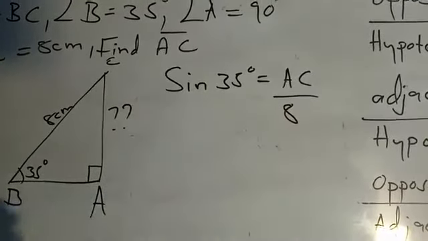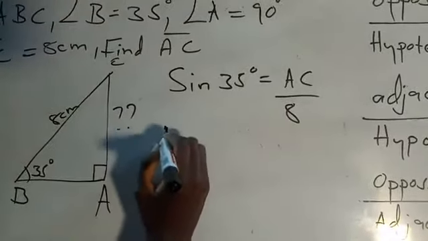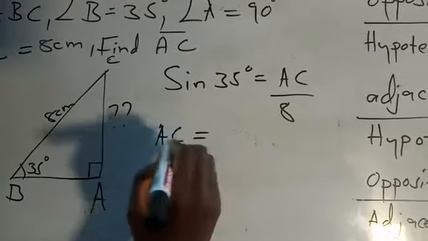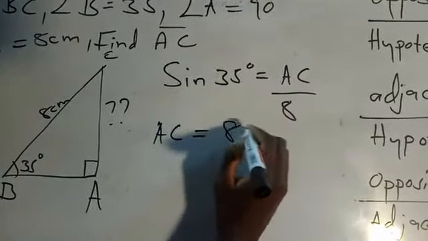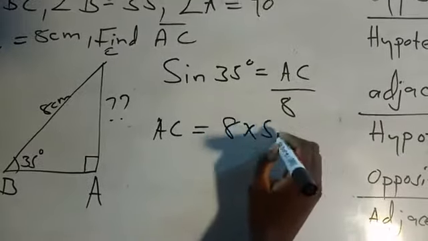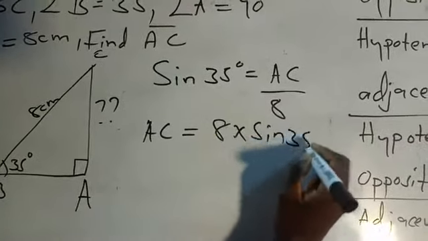So line AC will be equal to 8 times sine 35 degrees.